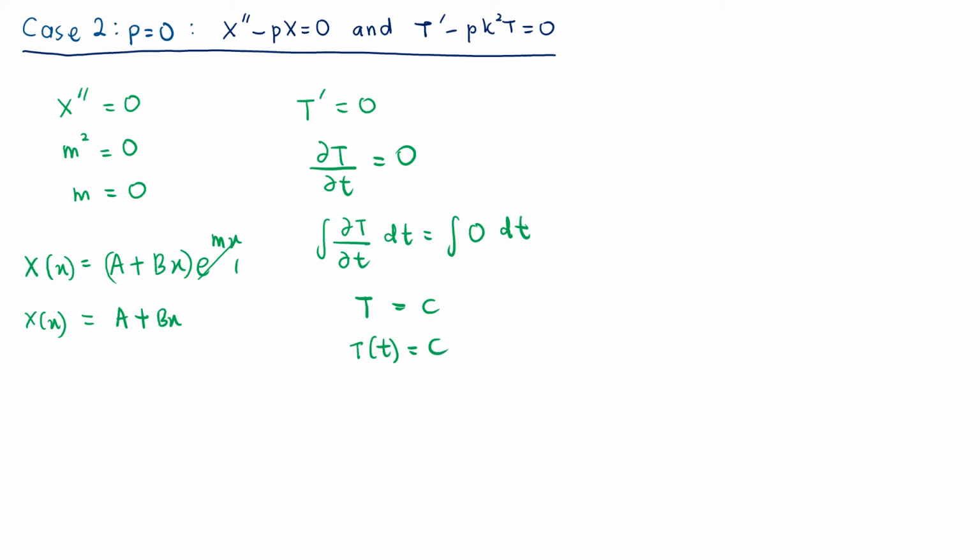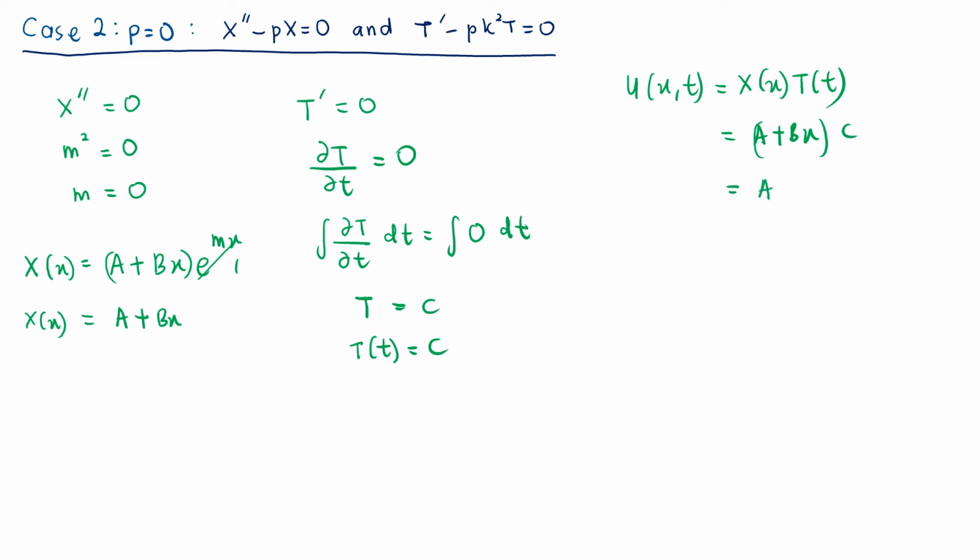The next step is you need to multiply, or you need to get the equation of u, where u(x,t) is equal to X(x) T(t), where X is equal to a plus bx and T is equal to c.